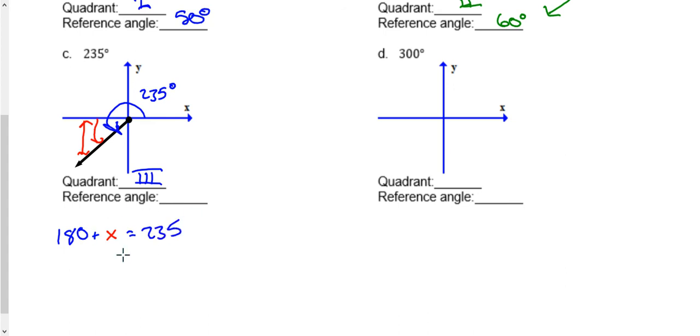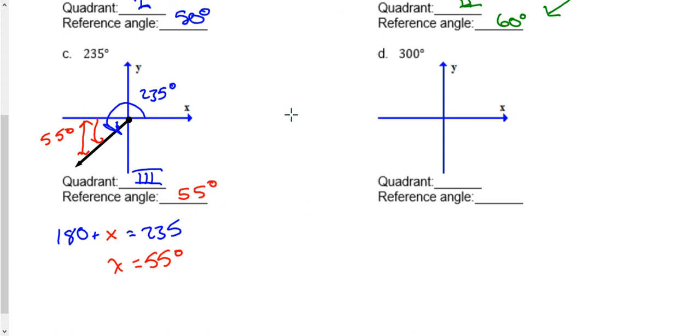If I subtract 180 from both sides, x is equal to 55 in this case. So my reference angle between my x-axis and my terminal is going to be 55 degrees. Let's fill that in, 55 degrees right there.